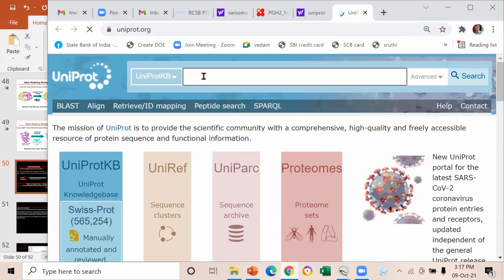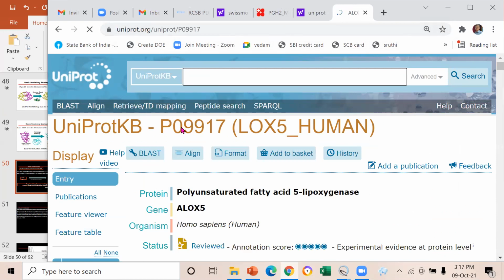Each protein sequence has a name. Similarly, in the 3D protein database, that is the protein data bank, again it has a name. So the number P09917 is the human 5-lipoxygenase.